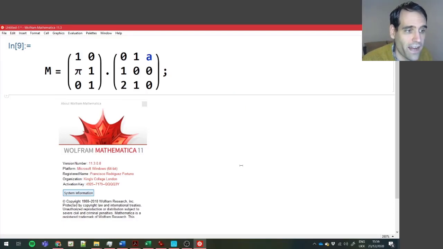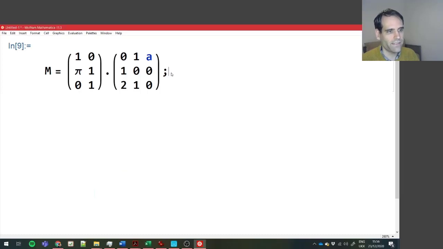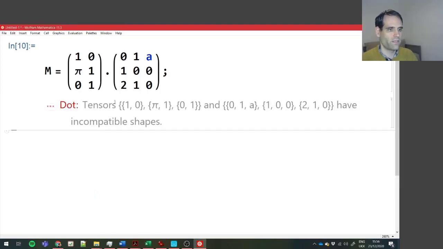Let me show you this in a nice example. If you go to a computer program such as Wolfram Mathematica, where you can do multiplications of matrices, and you try to do this multiplication, what you get is an error message. Tensors this and this have incompatible shapes, so you cannot do it.